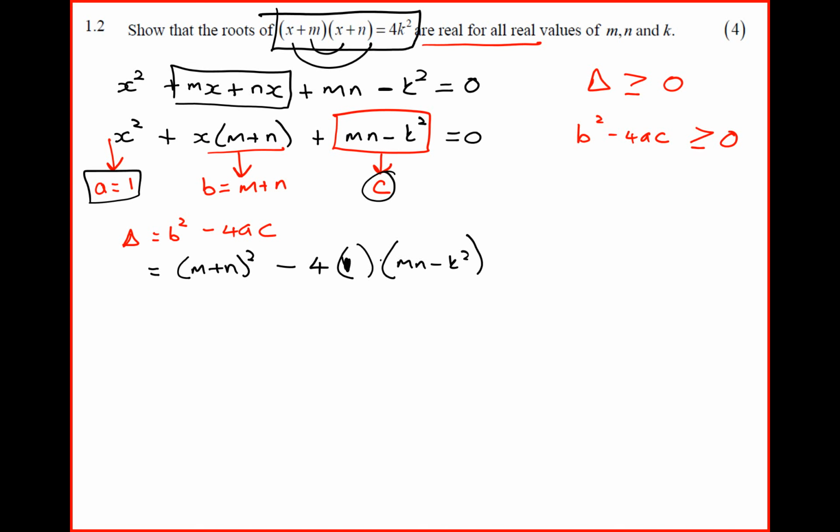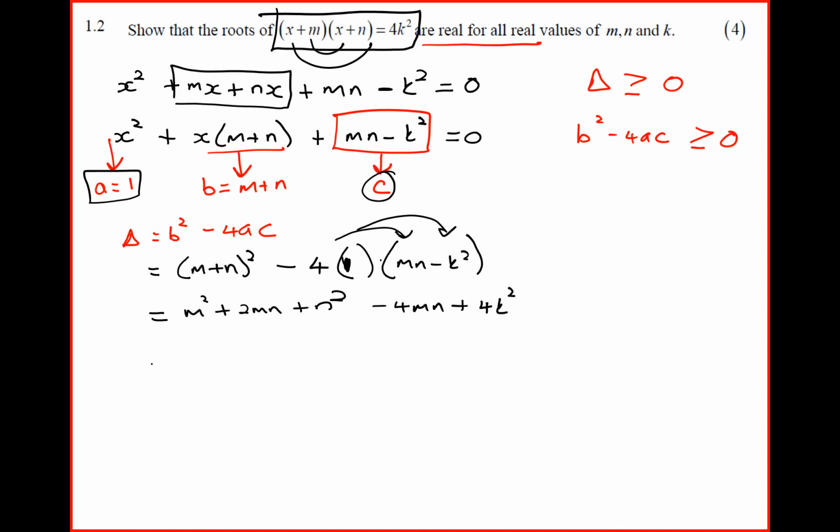Now we can try to simplify this to see what is actually happening here. m plus n all squared is m squared plus the middle term, double that, which gives 2mn, plus n squared. Then I'm going to use the distributive law and take the minus 4 in, giving me minus 4mn plus 4k squared.